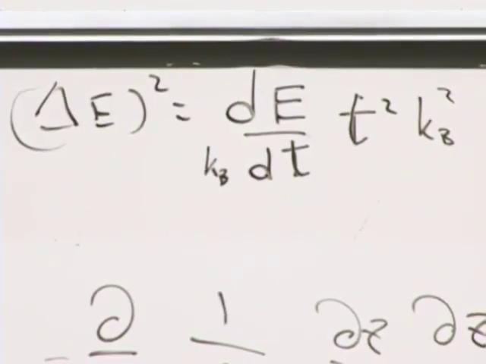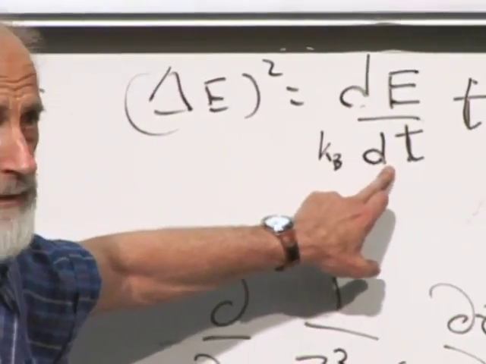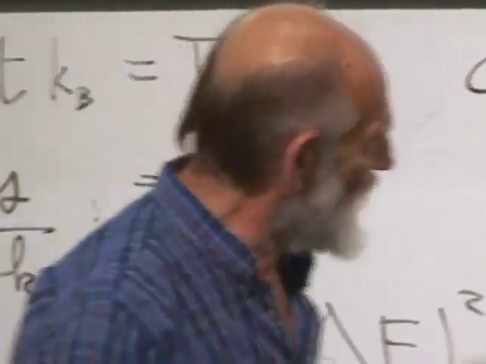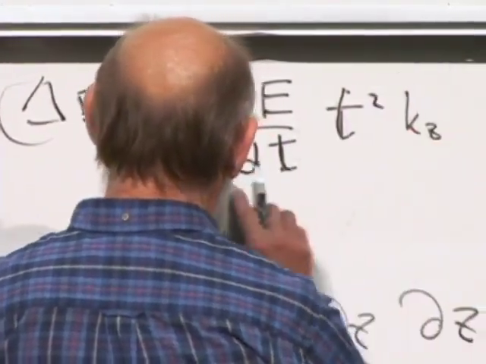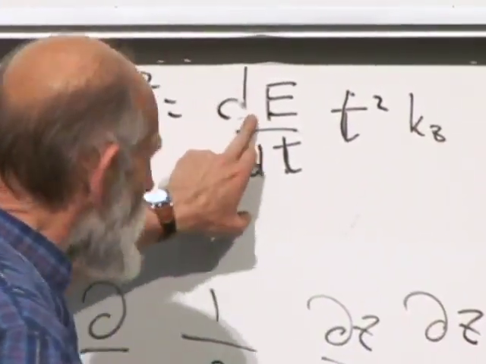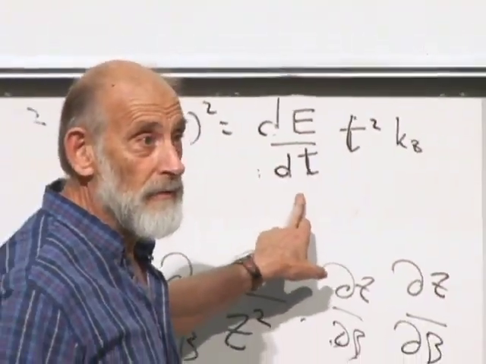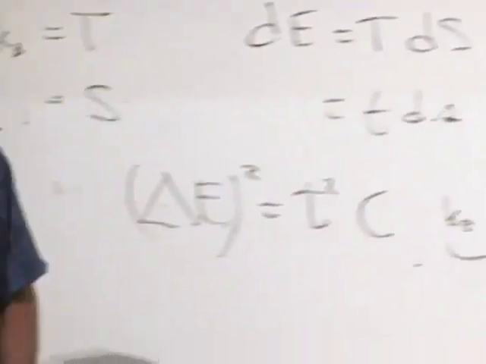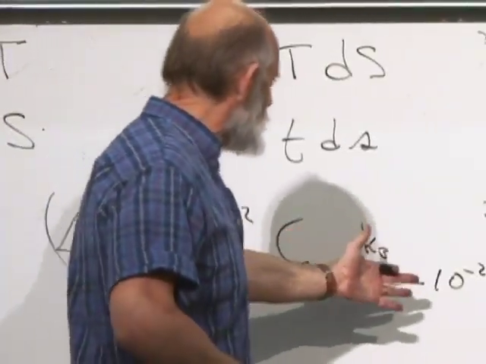The standard definition of heat capacity is dE by d little t. All right? So, you're right. I was careless. Okay, so here we have it. Two kBs in the numerator, one kB in the denominator, and this is the thing that you would normally call heat capacity, dE by d little t. Very good. All right, so we see two senses in which, first of all, it's got a numerical constant in front of it, which is very small.